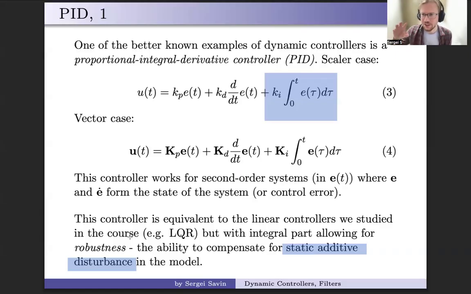So they imagine this integral part as a wound, like in the ancient times, people were winding clocks. Like you have a spring, you wind it, and the clock works. So anti-wind-up technique, it's imagining that this PID was wound up while you were going towards the trajectory. And it basically kind of asks PID to forget old part of the integral. It does not integrate the whole integral, only the last few seconds, something like this.